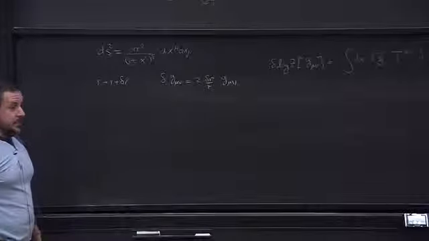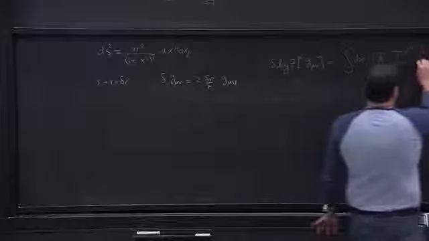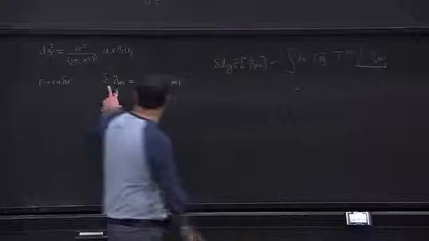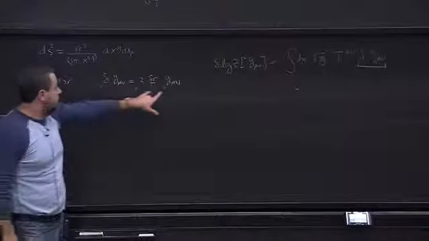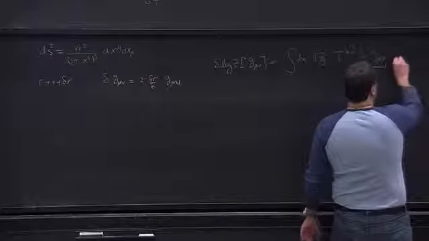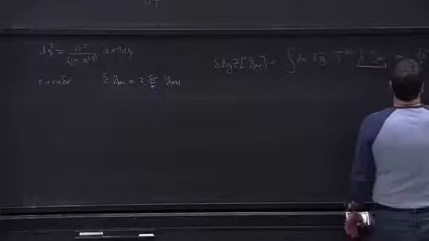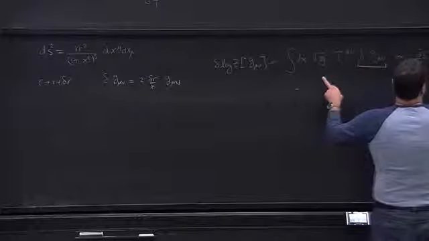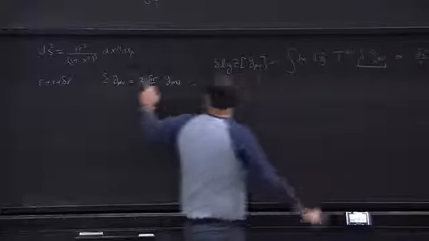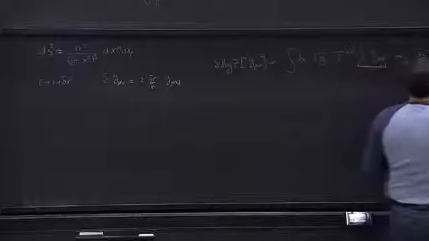A change in the metric defines the energy momentum tensor, okay? But what did I do? I know what delta g mu nu is. I changed my radius, and it's a homogeneous change, okay? So from here I get, forget about factors of order 1, delta R over R, integral of dx square root of g, and now I take the trace, right? It's proportional to g mu nu. So here I'm just going to take the trace of the energy momentum tensor.